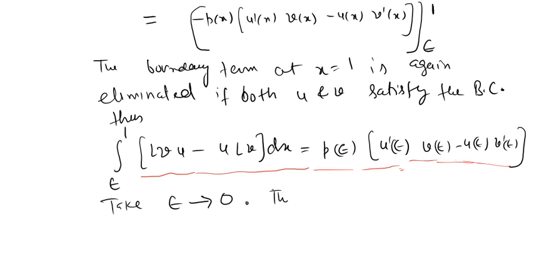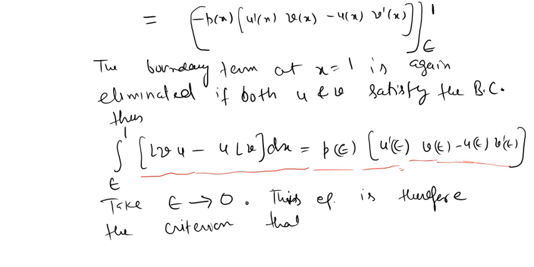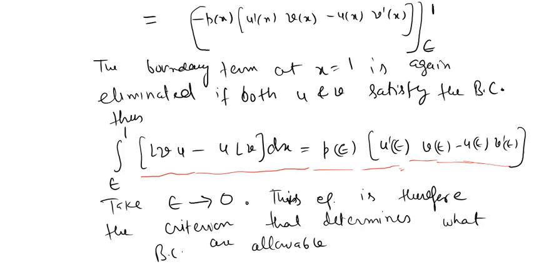Thus this equation is the criterion that determines what boundary conditions are allowable at x equal to 0, which is the singular point.